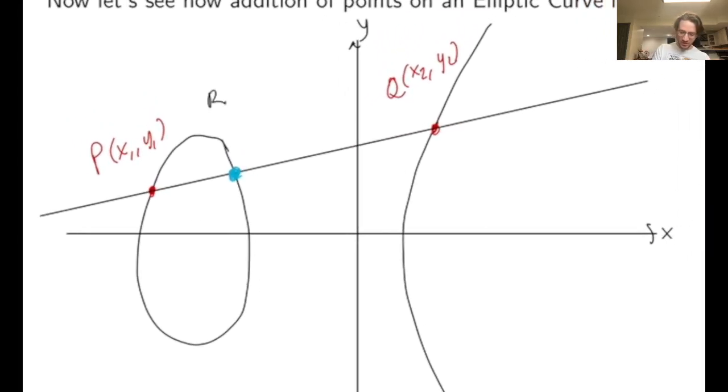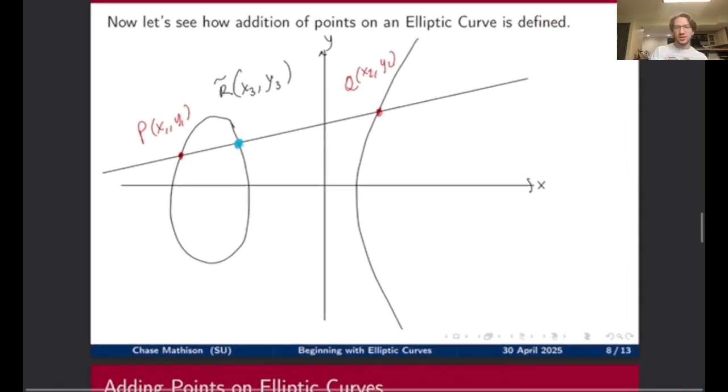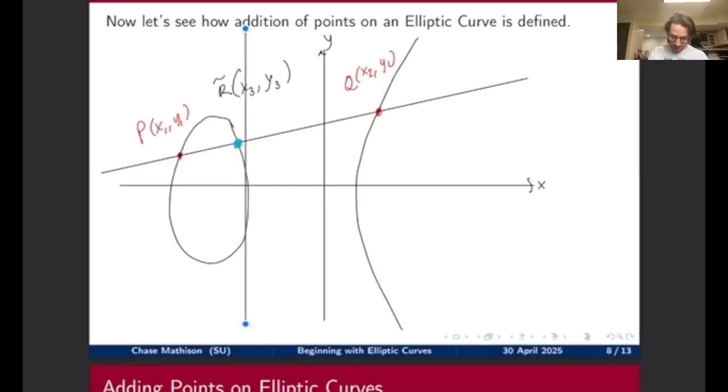Let's call this R tilde, which we'll say has the coordinates x3, y3, and we'll figure out what those coordinates are in a second. Once you have R tilde, the last thing you do to add 2 points on an elliptic curve is you take that point and you reflect it about the x-axis.